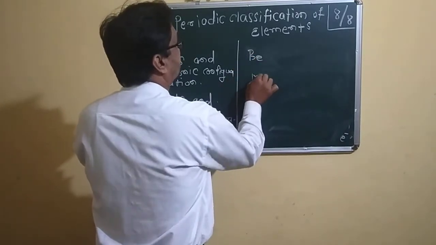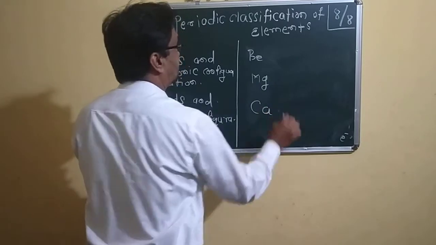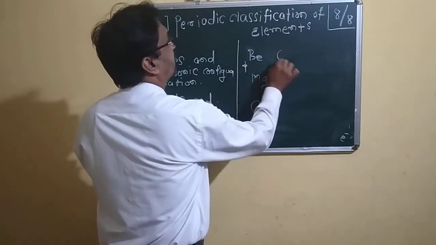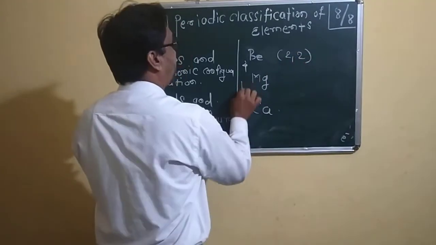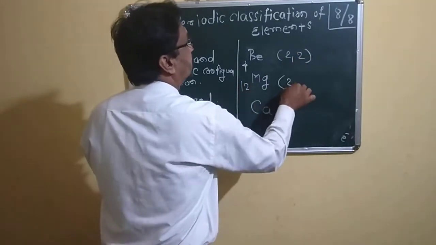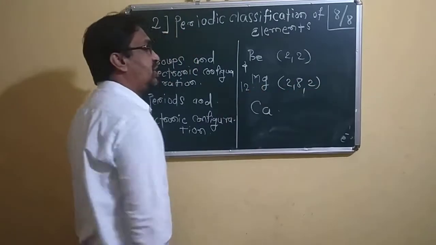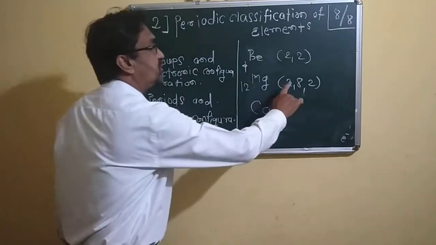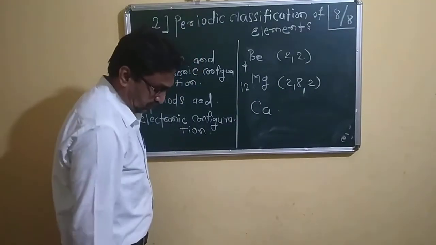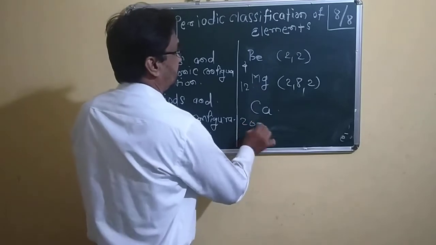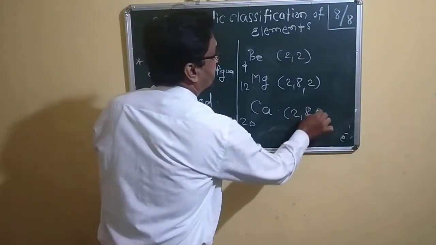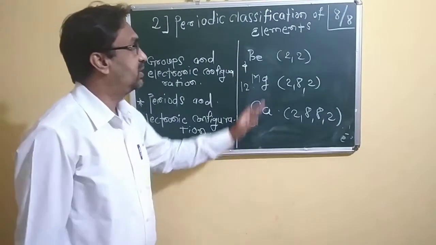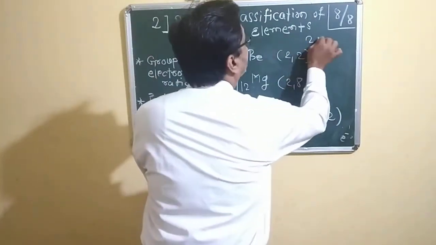Beryllium has atomic number 4, and its electronic configuration is 2, 2. Magnesium has atomic number 12, so its electronic distribution is 2, 8, 2. And calcium is 20, with its electronic configuration similar. We are taking only three examples of the second group.